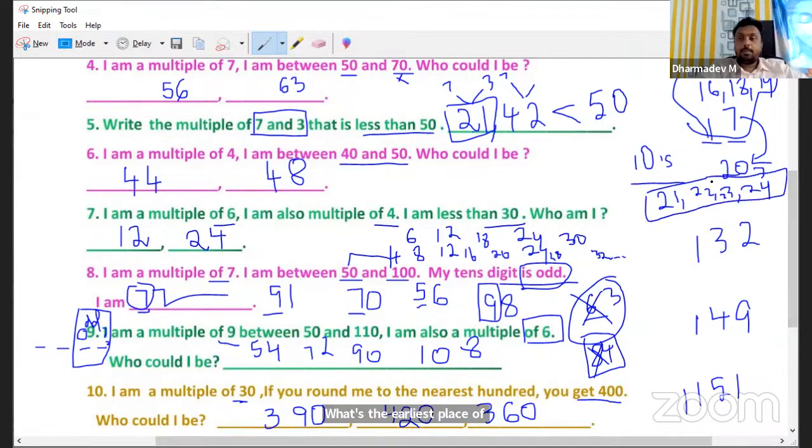Then also my answer is 20. For 16, 17, 18, 19, or 21, 22, 23, 24, the nearest round off tens place is 20. Yes, we are approximating it. These are all approximate values, not the exact values.